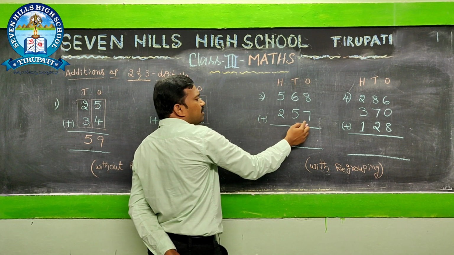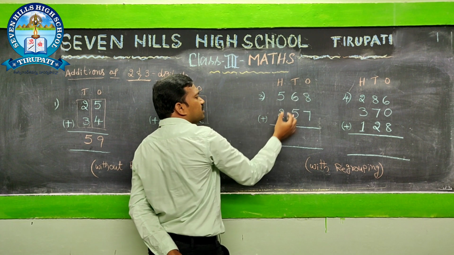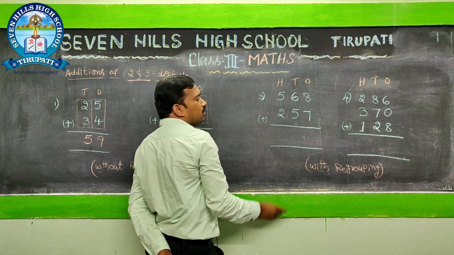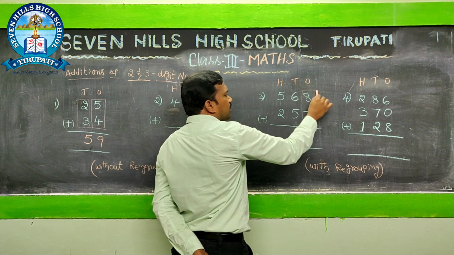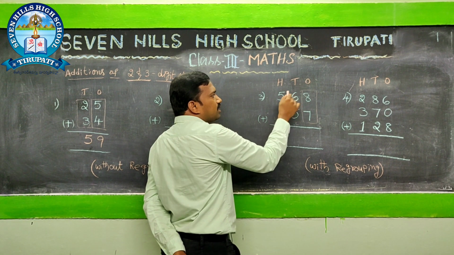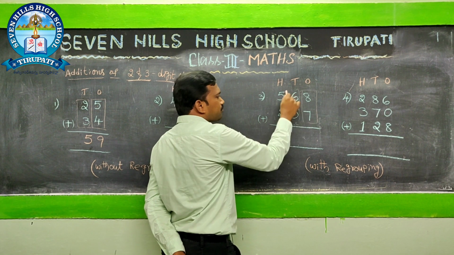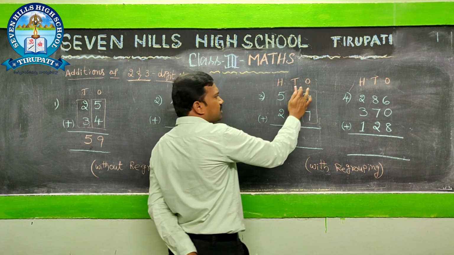In 257, 7 is in the ones place, 5 is in the tens place, 2 is in the hundreds place. First of all, how to add? We want to add the ones column, after that the tens column, after that the hundreds column. Okay, understand?